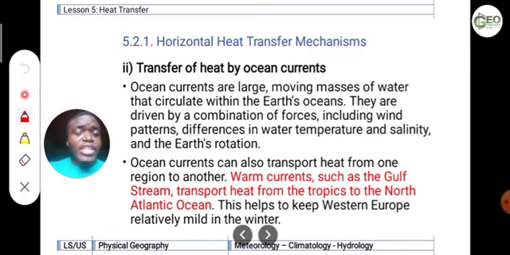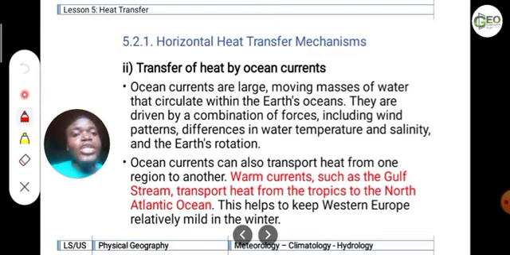An example is the Gulf Stream, a warm ocean current that transports heat from the tropics to the northern Atlantic Ocean, taking warm water from the tropical regions towards the northern Atlantic regions. This helps to keep Western Europe relatively mild in the winters.